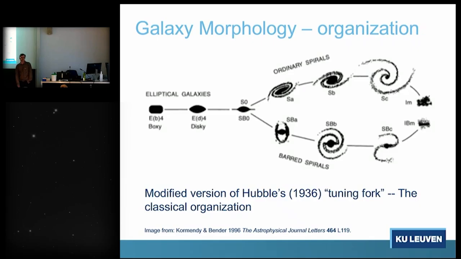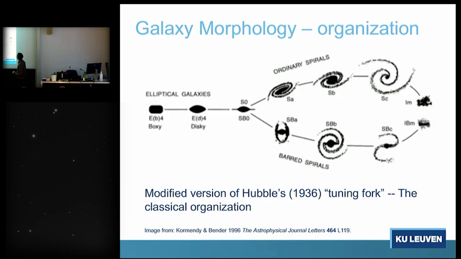We're astronomers, so we like to organize things, classify them, and then structure them from there. The classical organization of galaxies is perhaps Hubble's tuning fork. Here's a modified version of that, which takes into account various ellipticals such as boxy and disky.